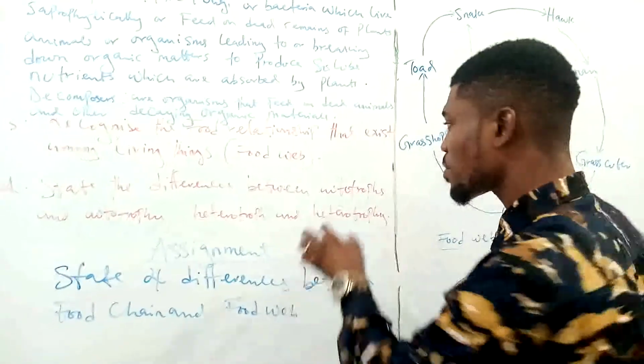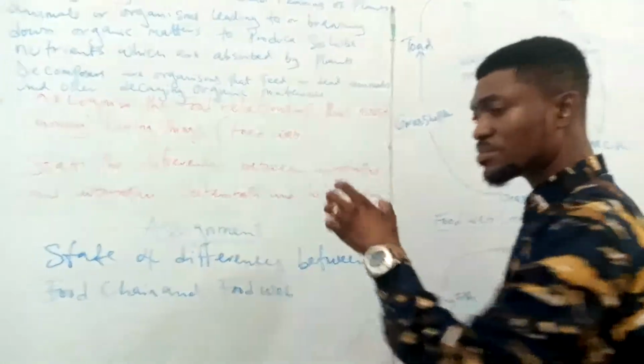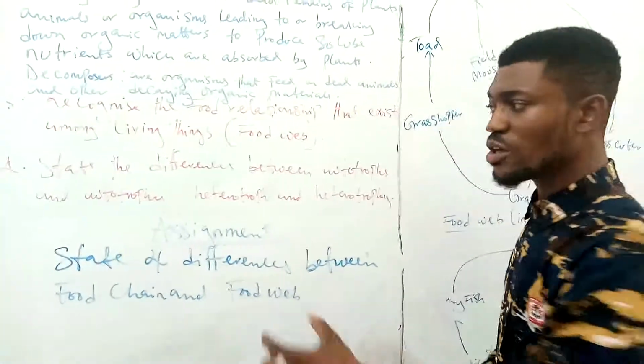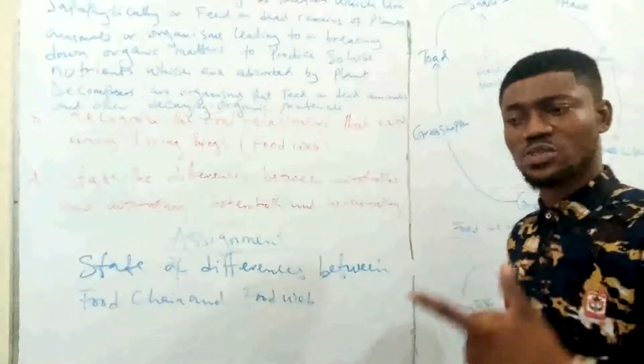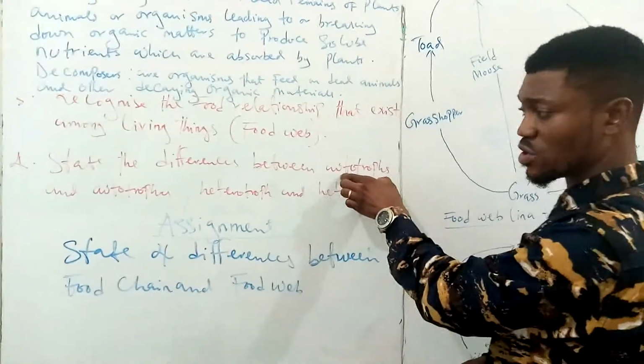Let me repeat that. Autotrophy is the process by which the organism is able to manufacture its own food, while autotrophs refers to the organisms that carry out this process or function.